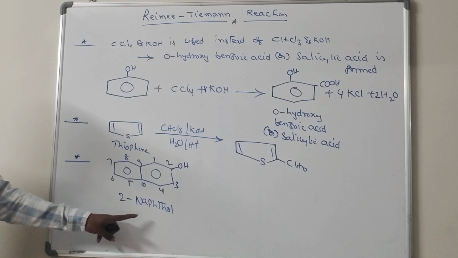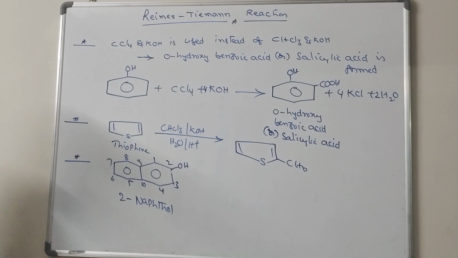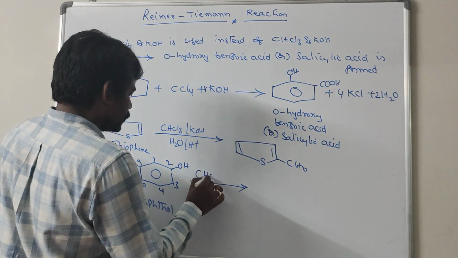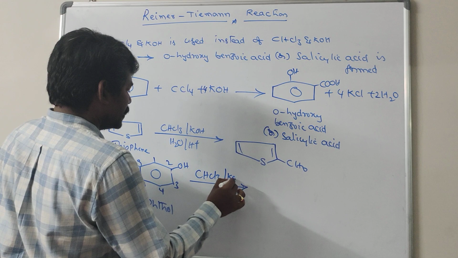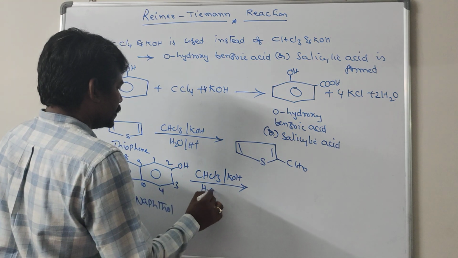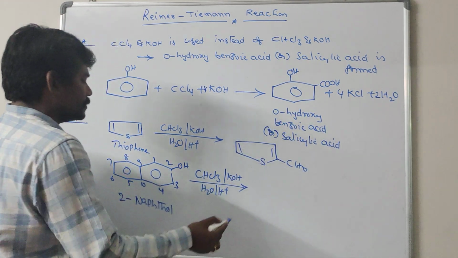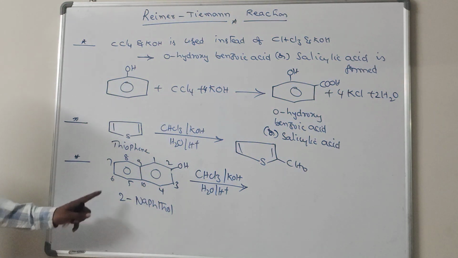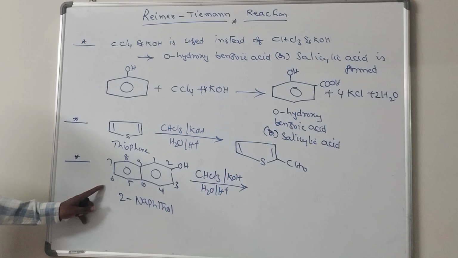What happens when 2-naphthol undergoes CHCl3, KOH, H plus? These reagents represent a Reimer-Tiemann reaction.